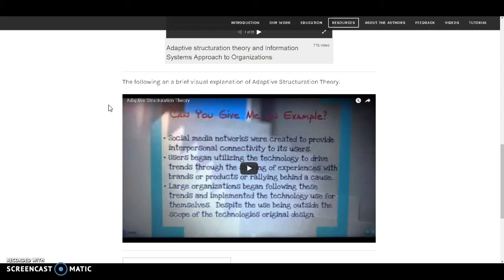After that, you'll be given another YouTube video, which gives you another way of understanding this theory with a couple of examples at the end, in which they show you how various organizations, and not just the educational context, can use this theory to help promote their organization's profit, or their organization's marketing techniques and whatnot.